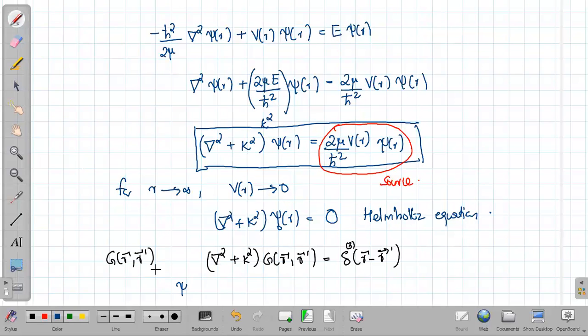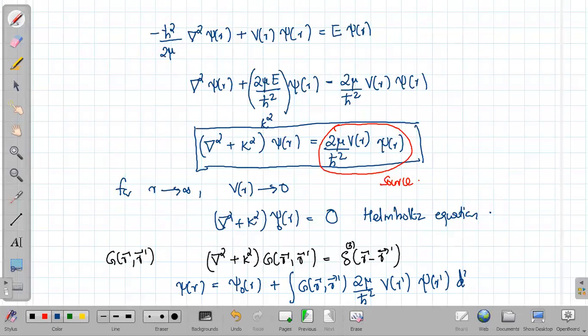The psi of r, I can write as psi 0 of r plus the integral of g of r, r prime, then your source is 2 mu by h bar square v of r prime psi of r prime d cube r prime. So I can rewrite my psi of r in this way.